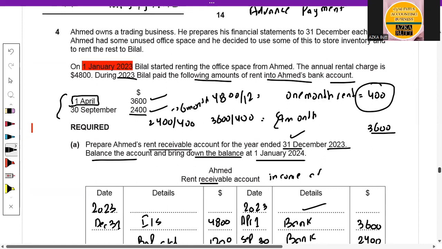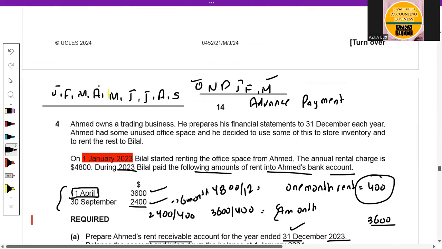And after September, how many more months remain till December, because our year is ending on 31st December? That's why we just calculate the months 1, 2, and 3.